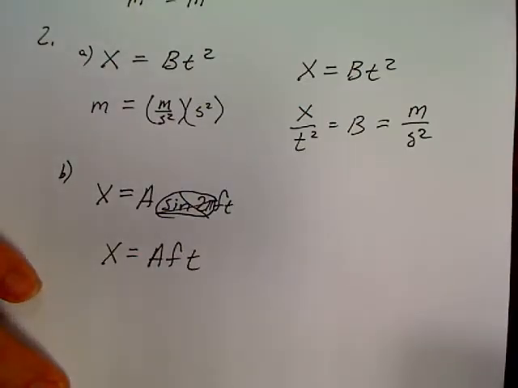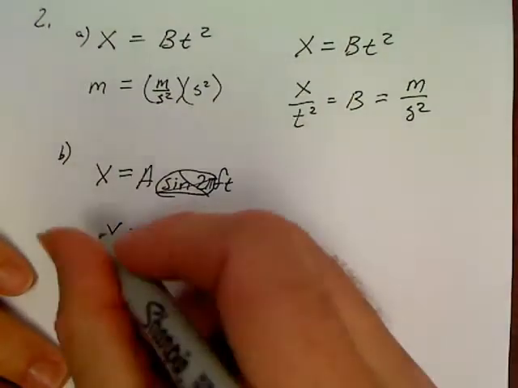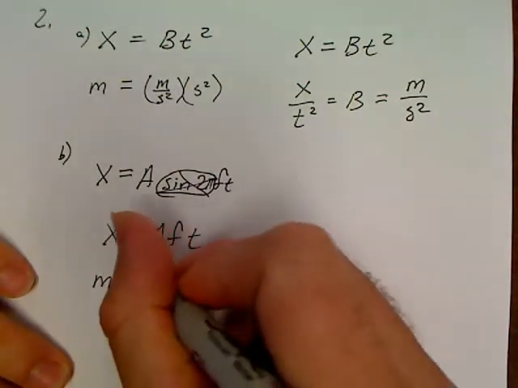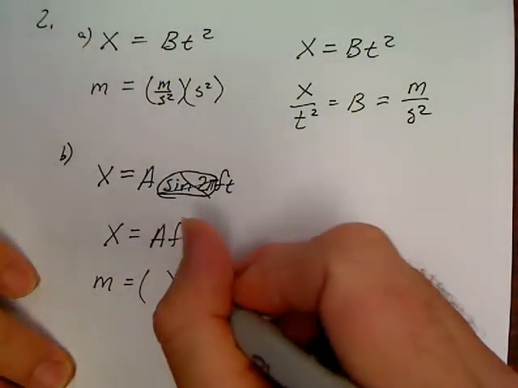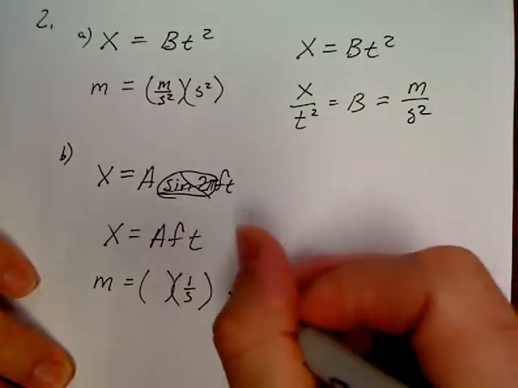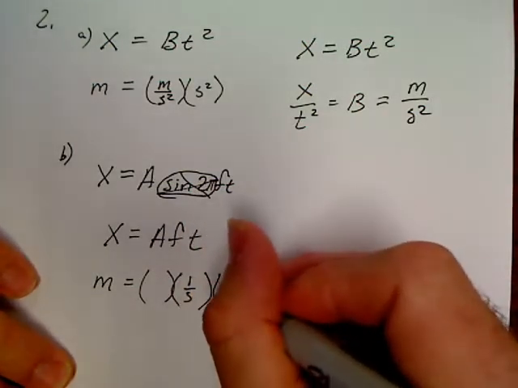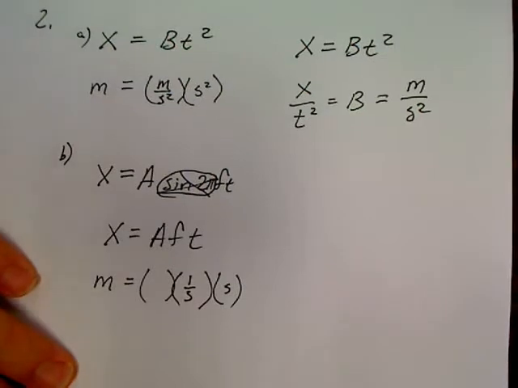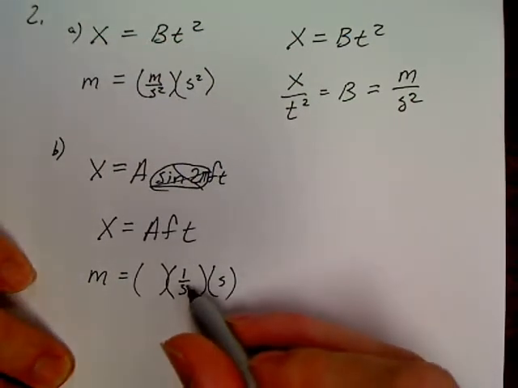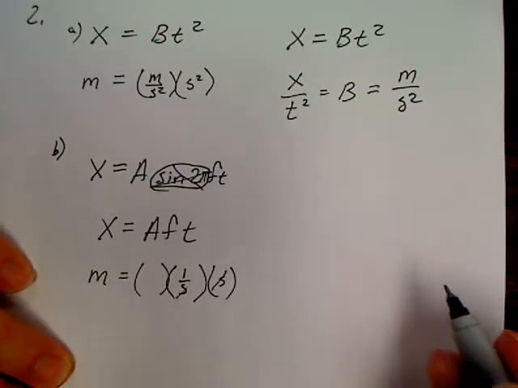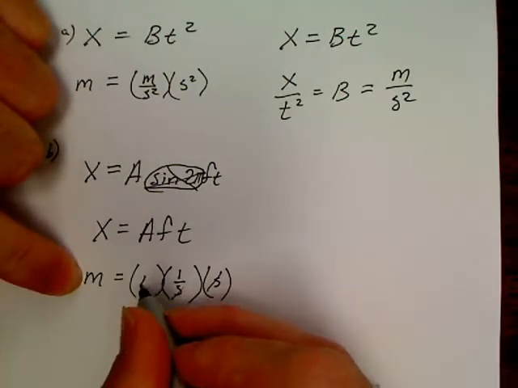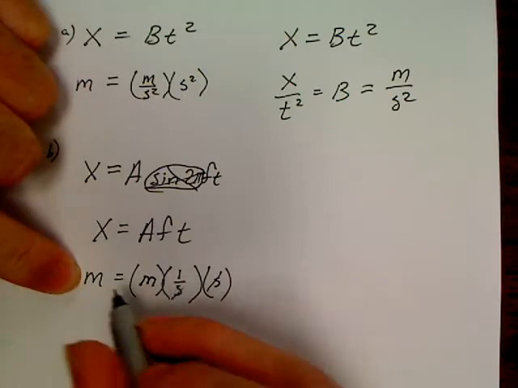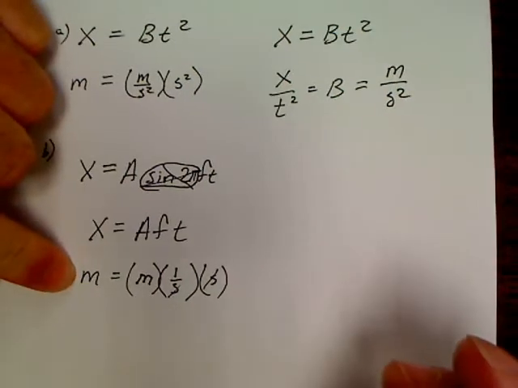What unit would A have to be? So this is meter equals something times frequency's unit, which is hertz, 1 over second, times second. The great thing about this problem is these cancel. So whatever unit A is, it must be a meter, so that you have meter equals meter.